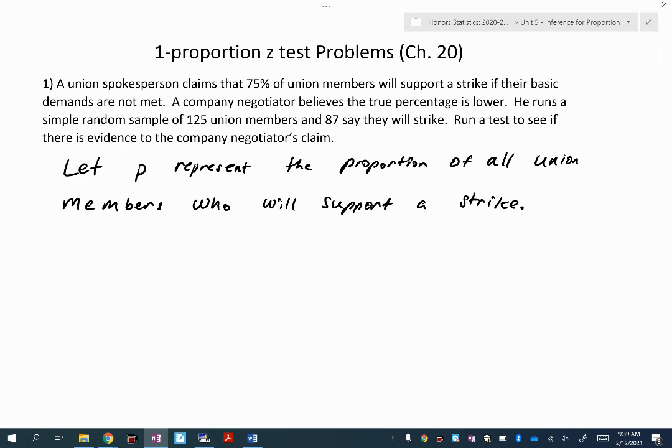This is always the first thing you want to do before you get into saying what number or percentage you're going to use. Any questions on defining the parameter?